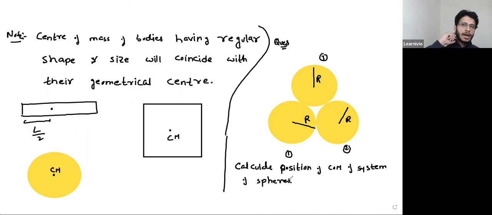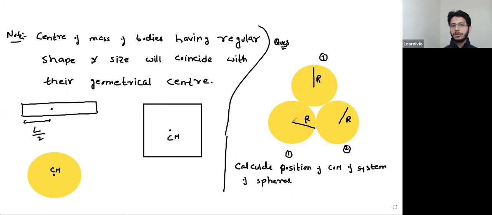So you have this system having three spheres, just placed one over another. You have to calculate the center of mass of the system. If you analyze this problem, you have to calculate the center of mass twice. It's basically a second grade problem. You don't have point masses, you have spheres.